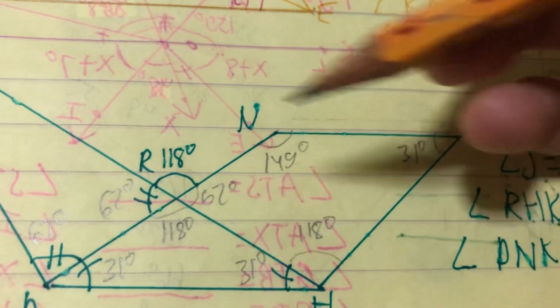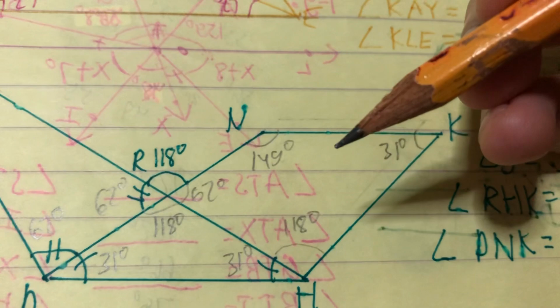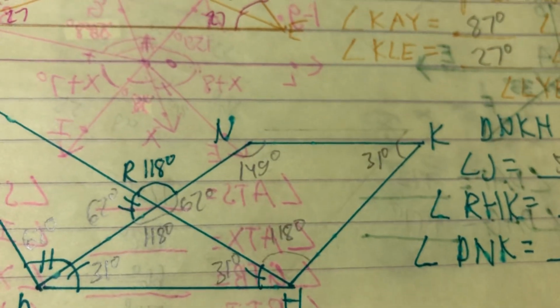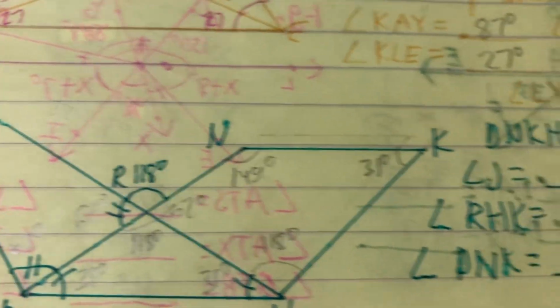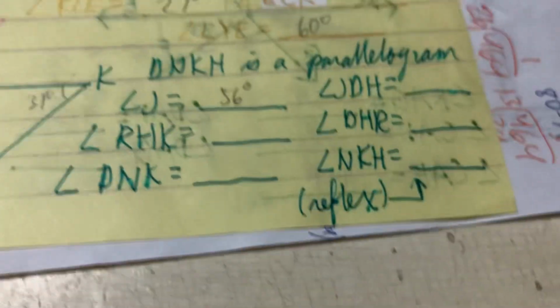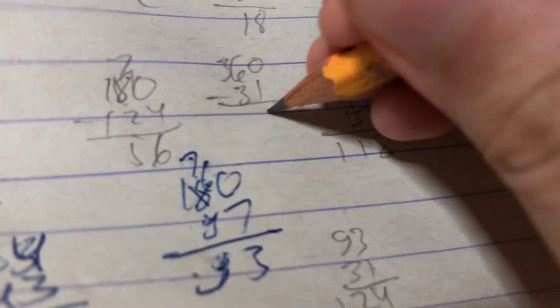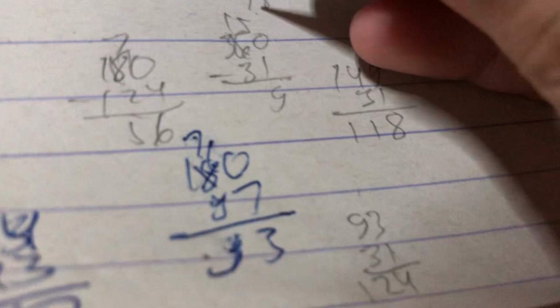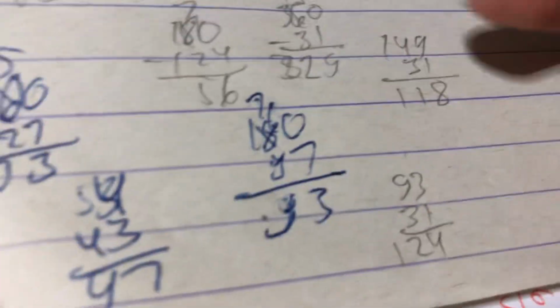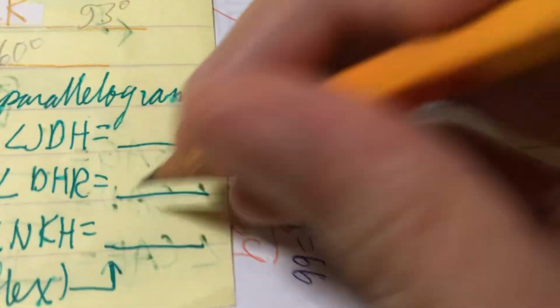Or you can do 62 plus 118, which gives you 180, and 149 plus 31, which is also 180. So it makes sense. And remember, it asks for the reflex angle of angle NKH. So 360 minus 31 gives 329. Therefore, the reflex angle is 329 degrees.